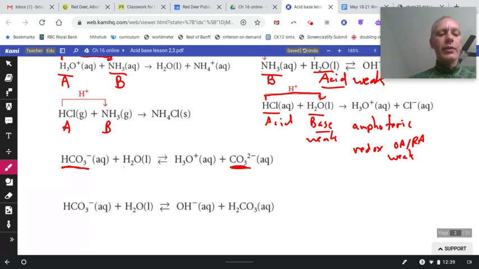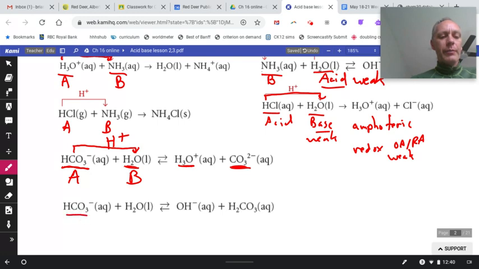It lost or donated a proton. And water accepted the proton. If water gains an H+, it becomes H3O+. So that makes HCO3- our acid donor, and water is the base, the acceptor.